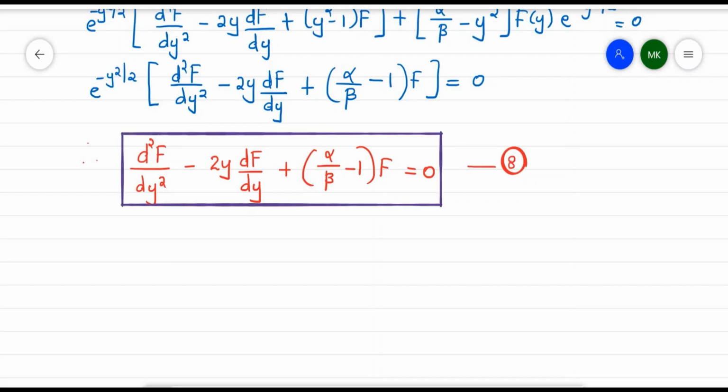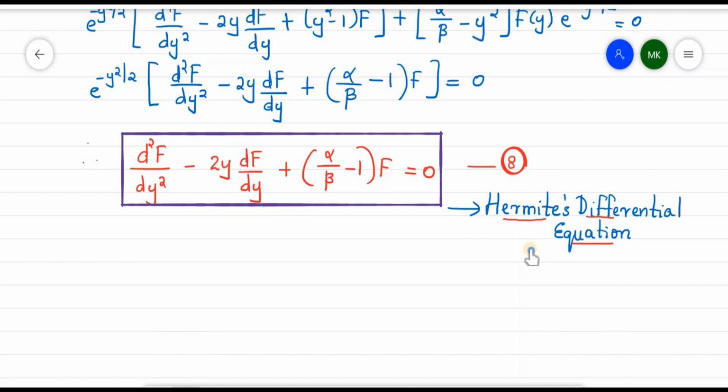This is a differential equation for the function f of y, and it is known as Hermite's differential equation. This is an equation well known in mathematics. It has been studied and solved by Hermite, a mathematician, and is known as Hermite's equation.